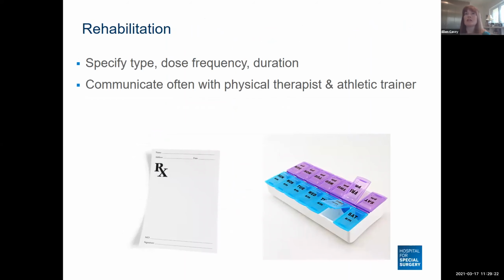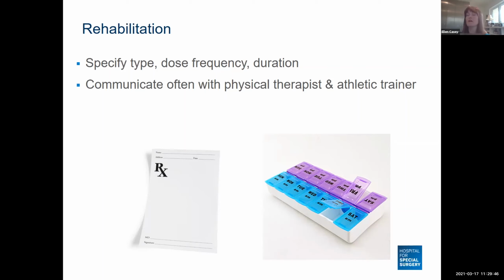So with rehabilitation, just some general tenets, like anything we do in sports medicine, you want to be really specific, like when you're prescribing a medication. So the type, the dose, the frequency, duration of the exercise. And if this is a high school or college athlete, or somebody in an NGB, you want to be really open in communication with the physical therapist, athletic trainer, whoever is working with this athlete.